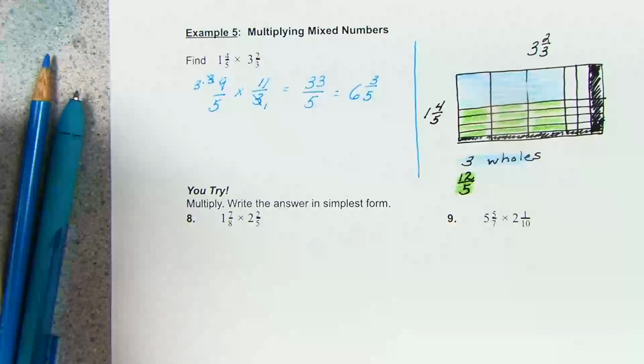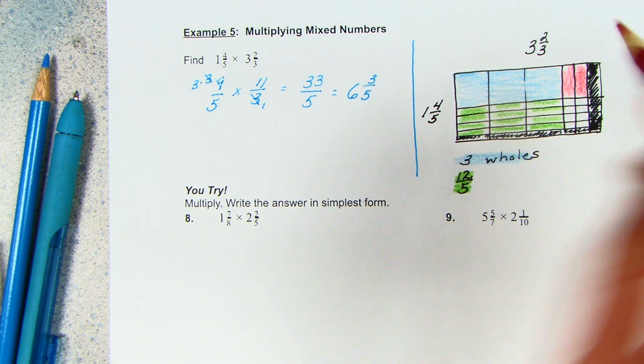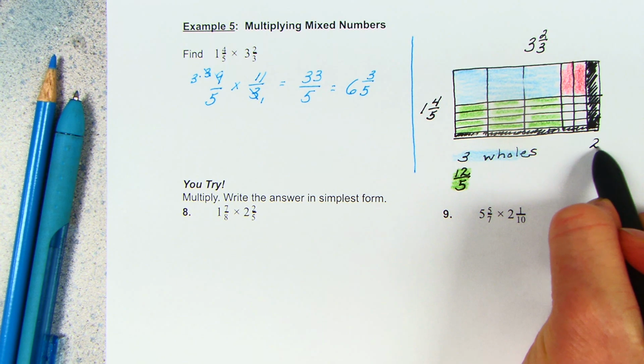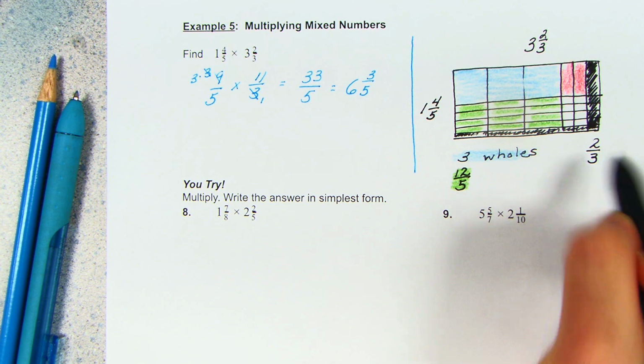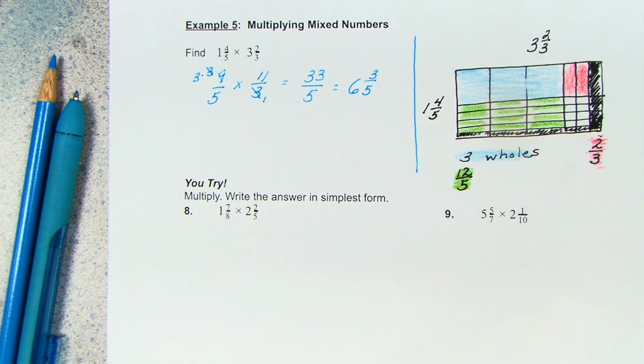Okay, and then over on this side, these pieces are thirds, right? This whole is divided up into thirds. And I have 1, 2 thirds. Okay.